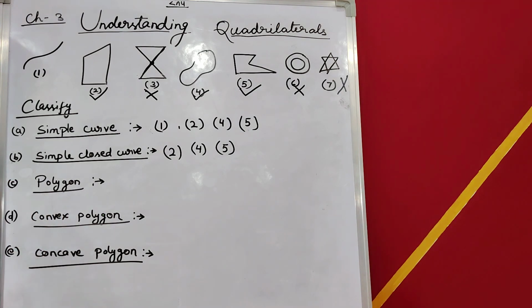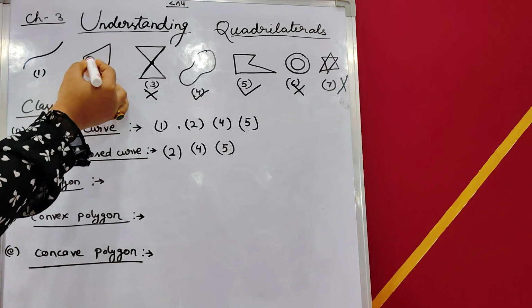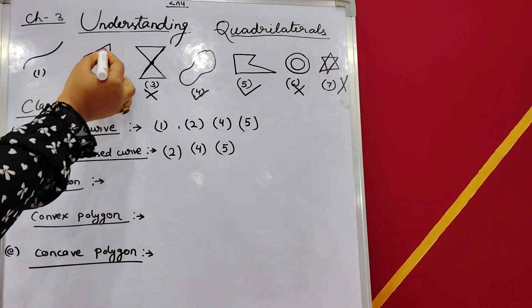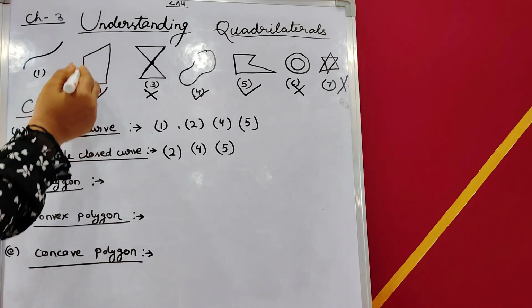Now the next one is asking about the polygon. So what does a polygon state? A polygon is a simple closed curve that is made up entirely of line segments. Is this a polygon? Yes, because it has line segments. It is a simple closed curve as well as being made up entirely of line segments.